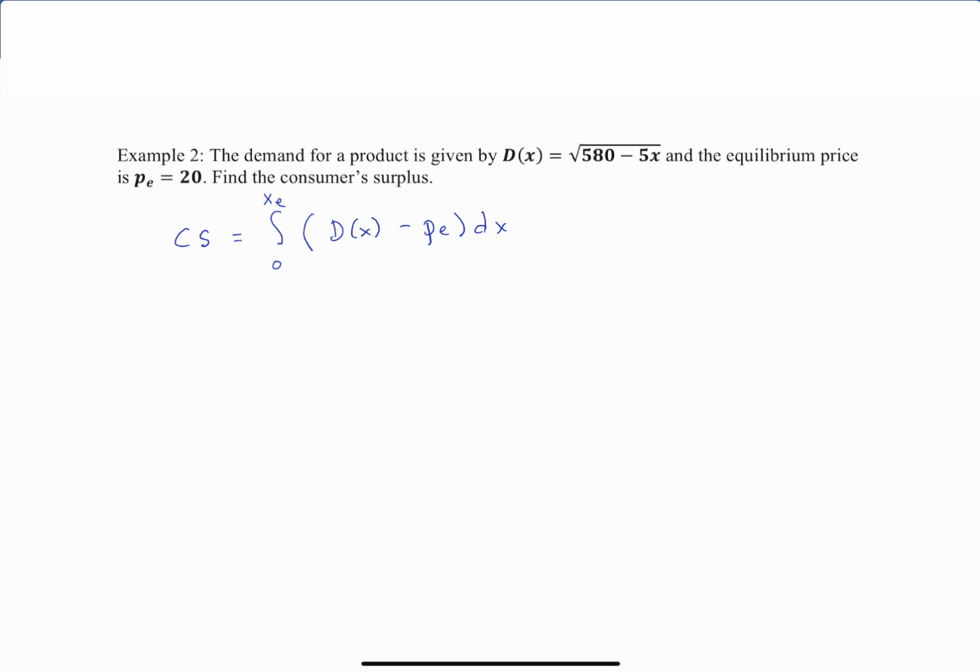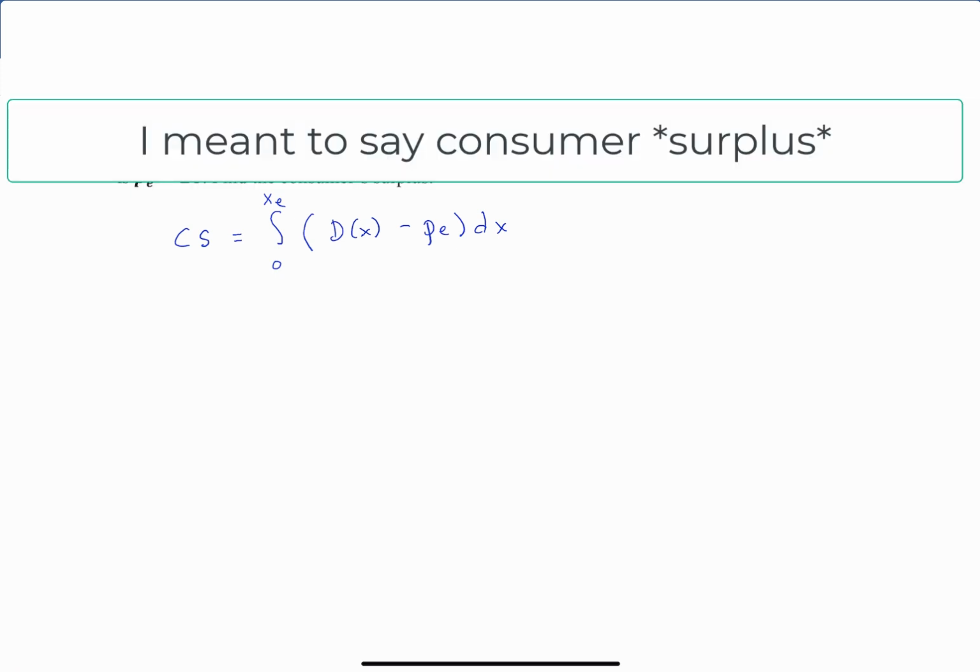Do you see a problem we've got? We're not given the equilibrium quantity. So we need to come up with that ourselves before we can figure out the consumer surplus. Now let's recall what the equilibrium point is.